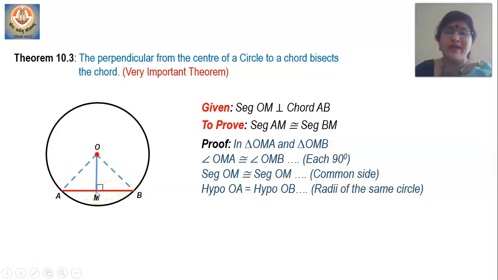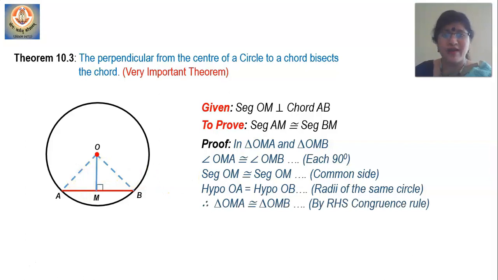So the two triangles become congruent now by which test? They become congruent by RHS, that is right angle hypotenuse side test. This is the test for congruency when it is a right angle triangle, and most important, one of the perpendicular sides will be congruent and the hypotenuse will also be congruent.